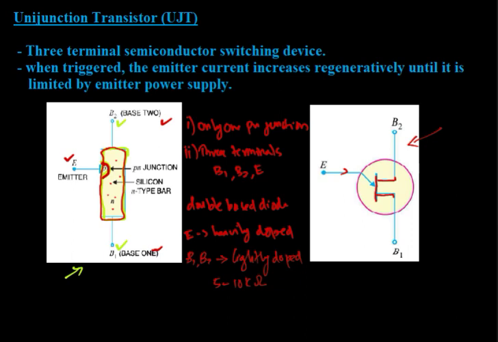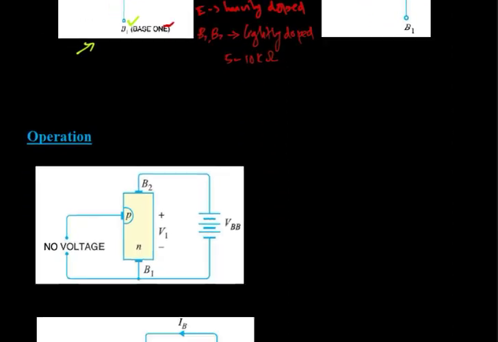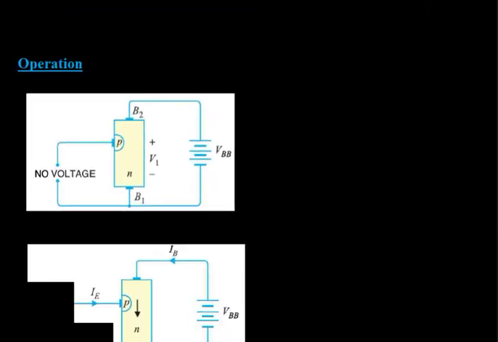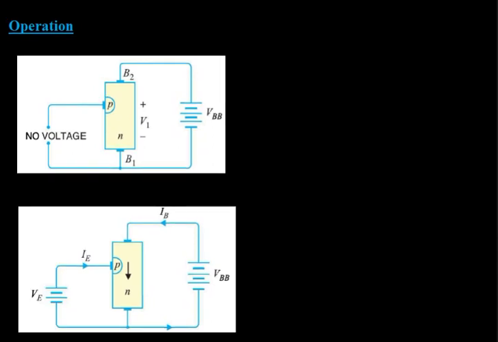Now let's see the working of a UJT. To discuss the working of a UJT, let's consider this UJT with three terminals, the bases B1 and B2 and the emitter E. First of all, we are considering the emitter E is open as shown in this first diagram.